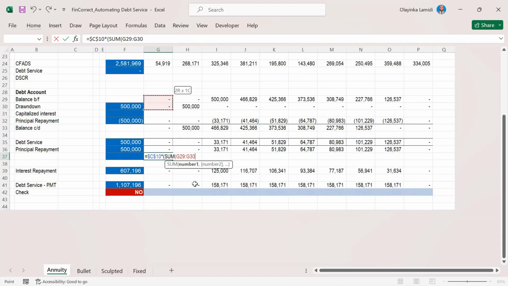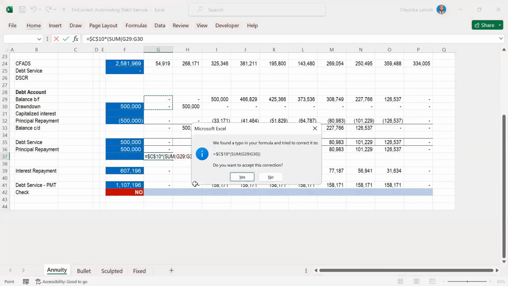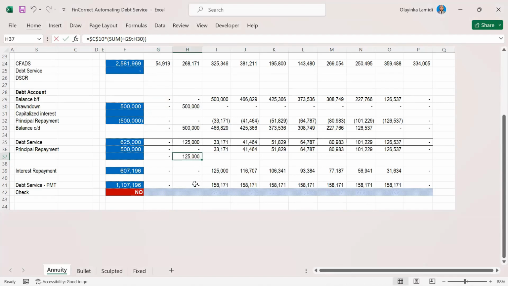But for the next period that we now have here, you can see that we have no opening balance, but we drew new loan in this period. So that is why we have 500,000, and we can now see that the interest on that 500,000 that we took is actually being calculated using this simple formula by summing the opening balance and the drawdown.